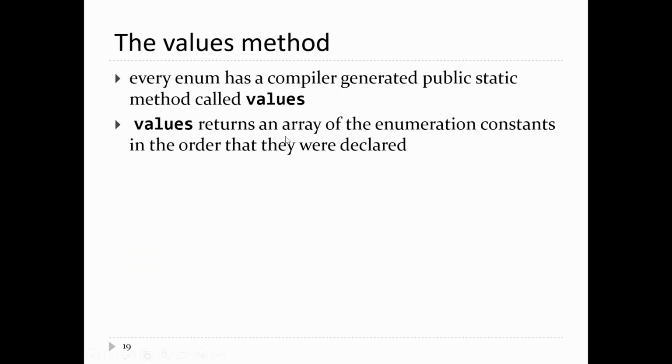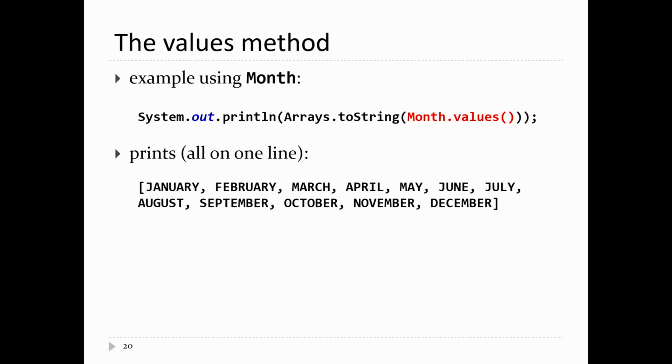So values returns an array of the constants in the order that they were declared. And so you can print all of your enumerated types like that. It's static, so you use the name of the class, dot values. That returns an array. You can print the array using Arrays.toString and println. And then you get the following output in this case.